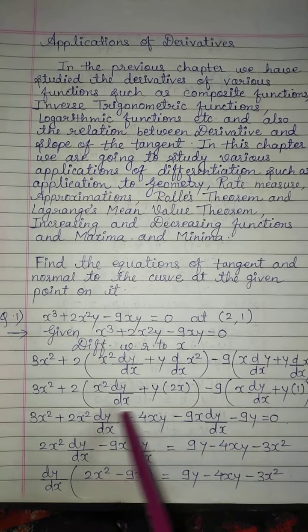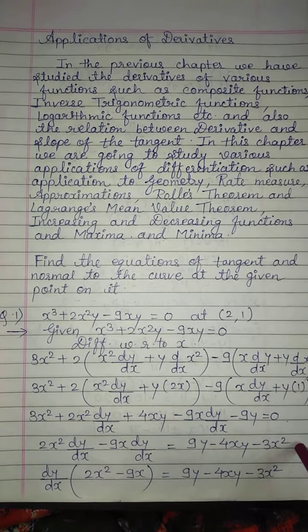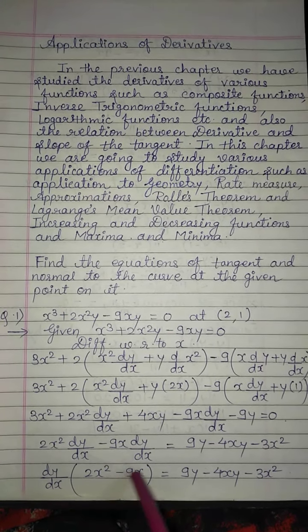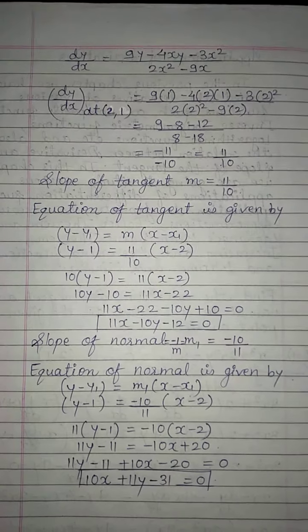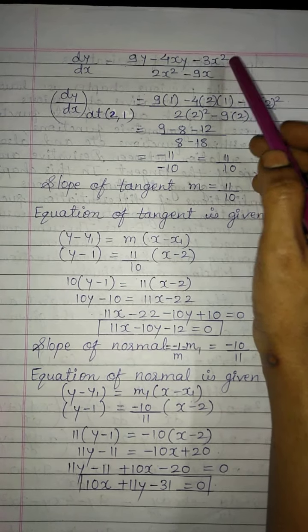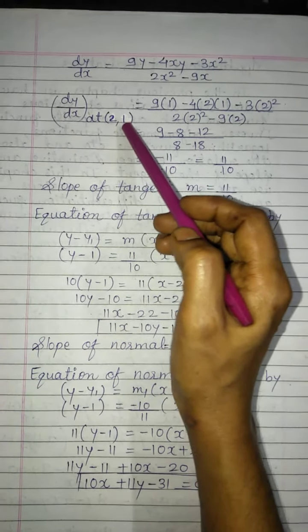We will write all dy by dx terms to this side and remaining terms to that side. So here, by taking dy by dx common, we will get this term. So dy by dx is equal to this term we will get. Now we want this dy by dx at the point (2, 1).